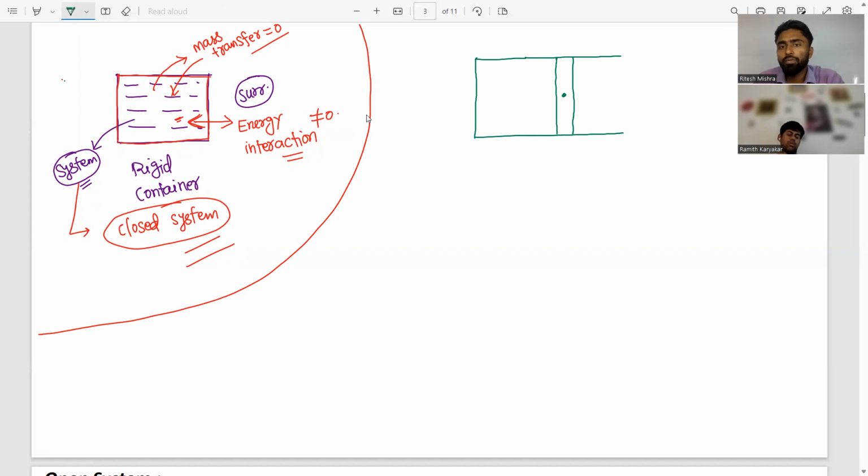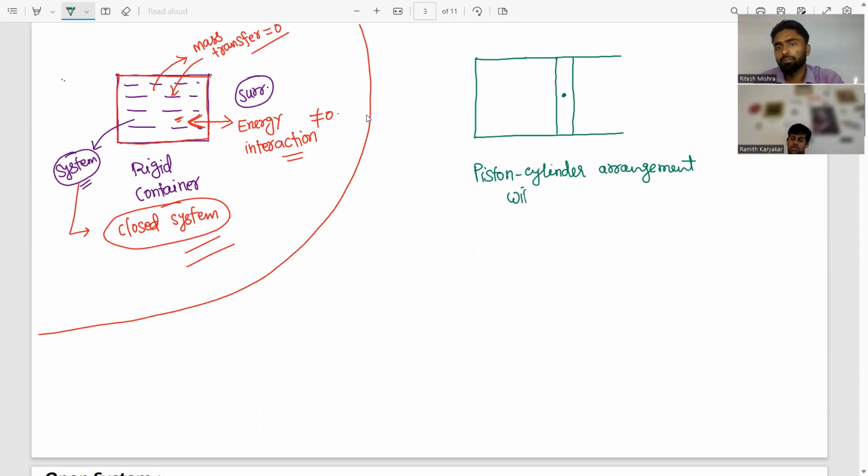This is the figure of piston cylinder arrangement with no valves. Here no valves is present.